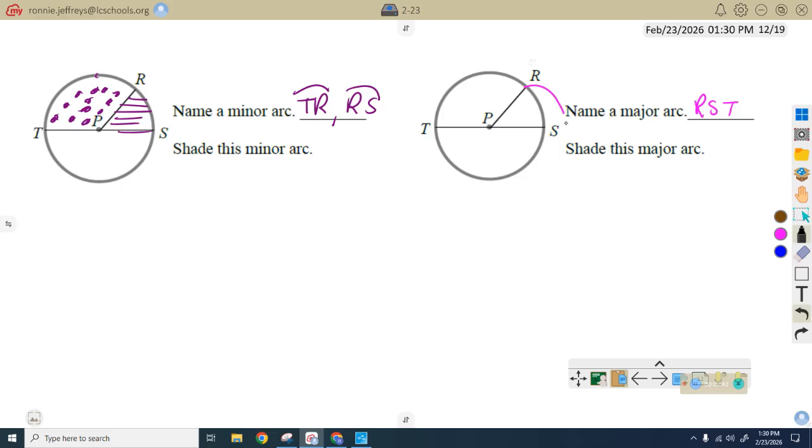We start here. We go all the way around. All right. That is actually one. We could label more. All right, but we don't have to. And that's what it looks like. Main reason that you're shading it is so you have a visual representation.